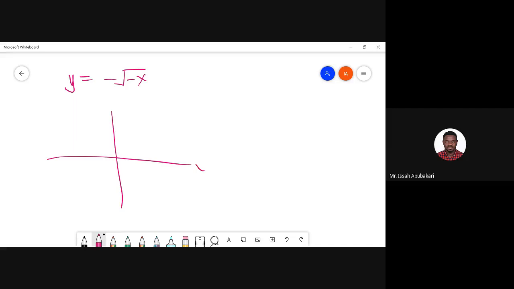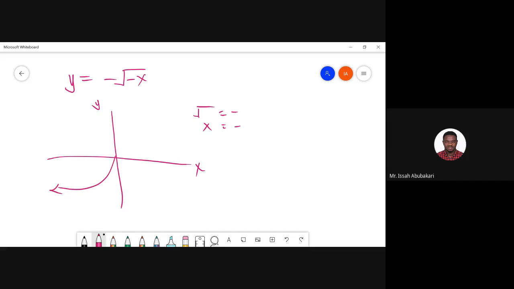This is our x and this is our y. Because our square root is negative and our x is negative, x being negative will be here, right? And the square root is also negative, so it will come below the x axis. So at the end, we are going to have something like this.